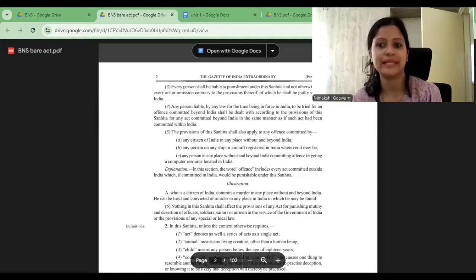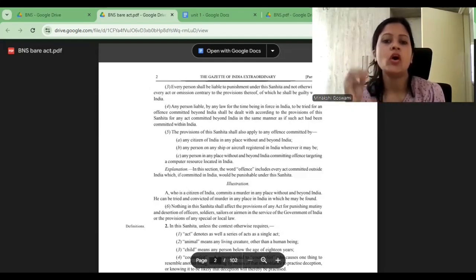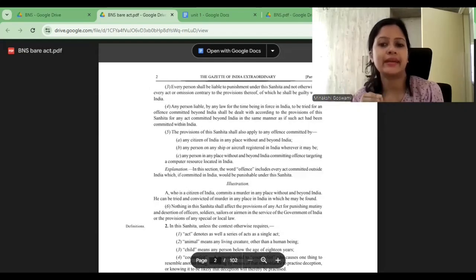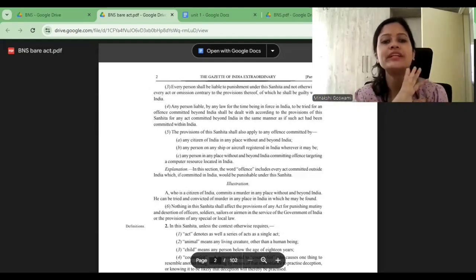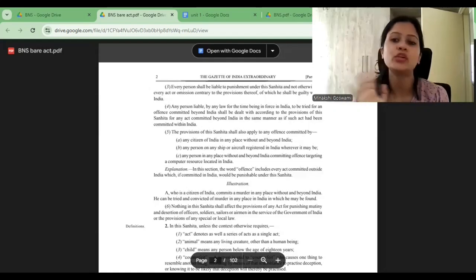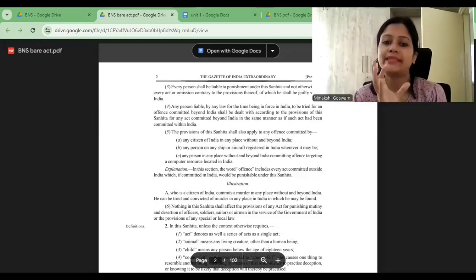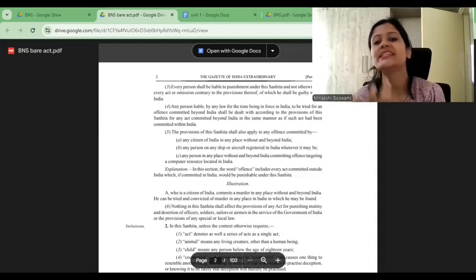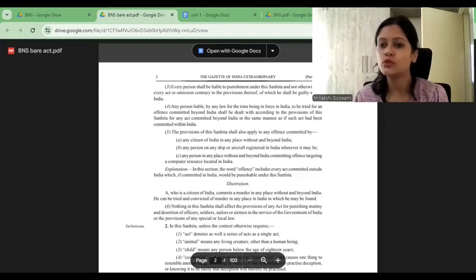So in this case also BNS will apply if a foreign national commits theft on an Indian registered aircraft which is flying over international water. Even though it was flying over international water, that would not affect it because at the end the aircraft was Indian registered. So BNS will apply in that case also, and those persons can be prosecuted under the provisions of BNS in India.